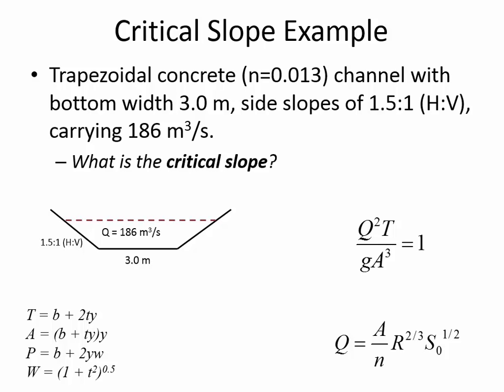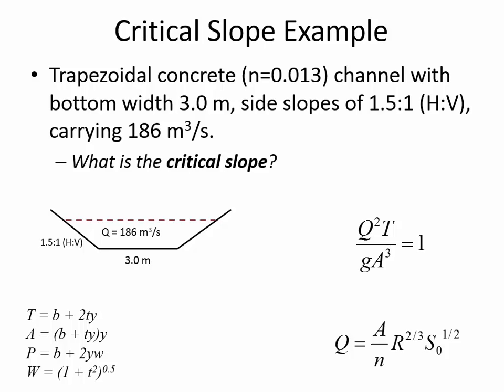Okay, so now we go back over here and we substitute in everything that we know and try and solve for what slope is going to cause that flow condition. So it's going to be the n value for the roughness of this concrete channel. We're going to use n of 0.013. The flow rate that we know is going through this channel is 186 cubic meters per second.